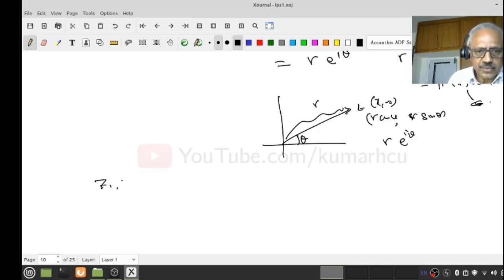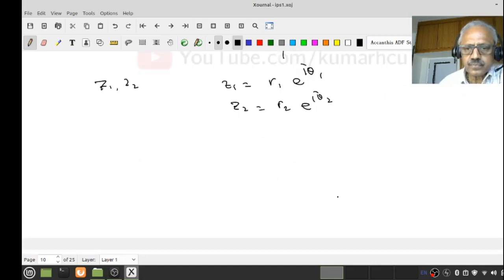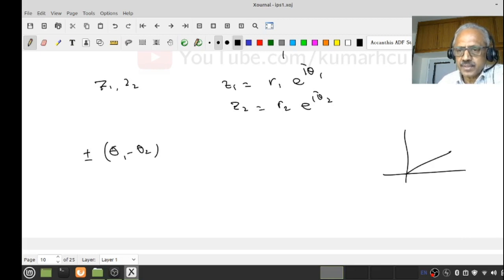Okay, z1 and z2. Therefore, z1 I can write as r1 e power i theta 1, and z2 as r2 e power i theta 2. Right? Now, the angle between z1 and z2 is either plus or minus (theta 1 minus theta 2). Do you agree with that? It depends which way you want to measure. This may be z1 and this may be z2. My picture was not good, so let me draw again.